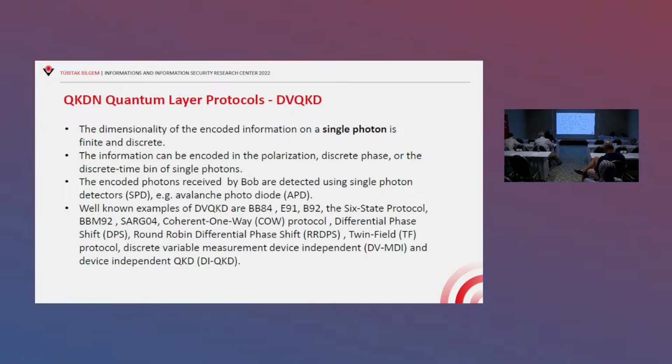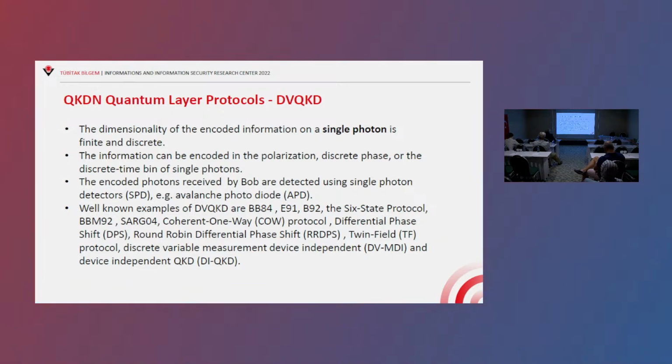When the photon hits a superconducting surface, the heat generated by the photon changes the resistivity. So by using the changing resistivity values, one could detect a photon. That's the most efficient way of single photon detection.